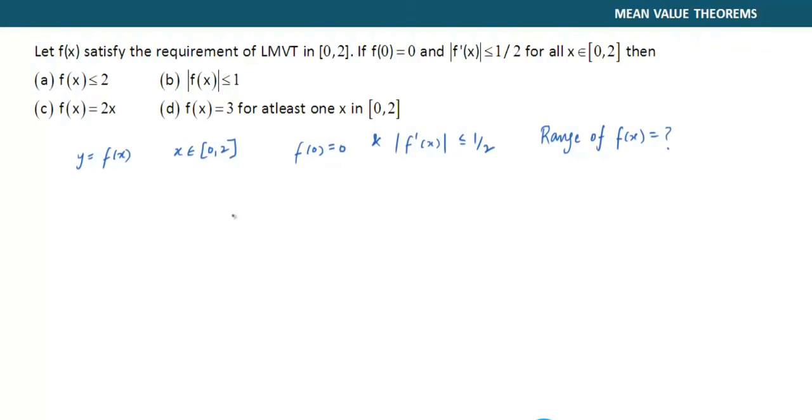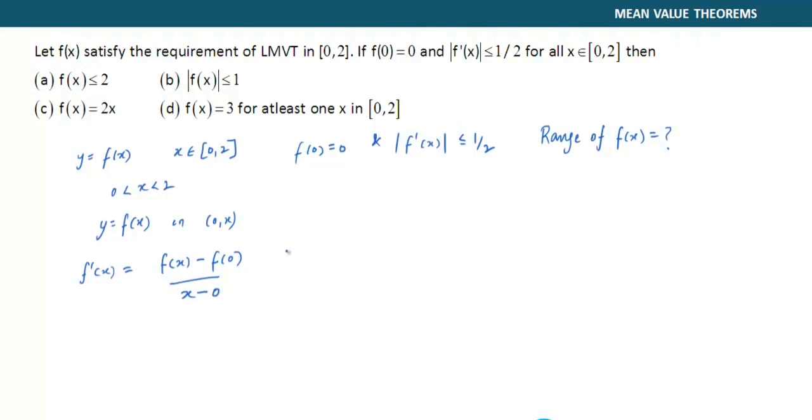So how do you do this? Let's see. I take x lying between 0 to 2. And I start applying LMVT for y equal to fx in 0 to x. So I can say that there will be a derivative f dash c which could be written as fx minus f0 by x minus 0.